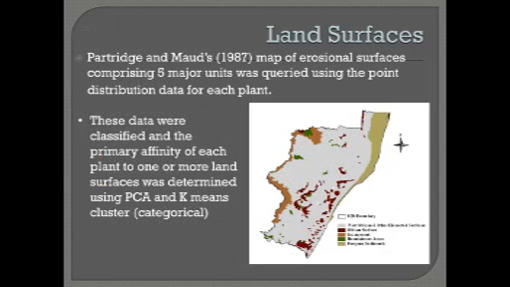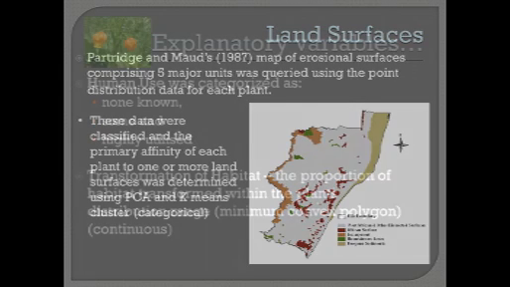For the land surfaces, I used Partridge and Maud's map of erosional surfaces, using 5 of the major units, and I just used different distributions for each plant. And this data was classified to determine the plant's primary affinity with one or more of the land surfaces using principal components analysis and k-means cluster analysis.